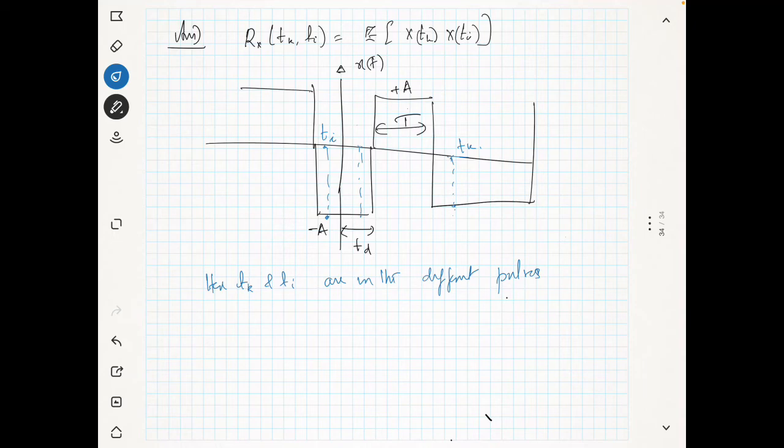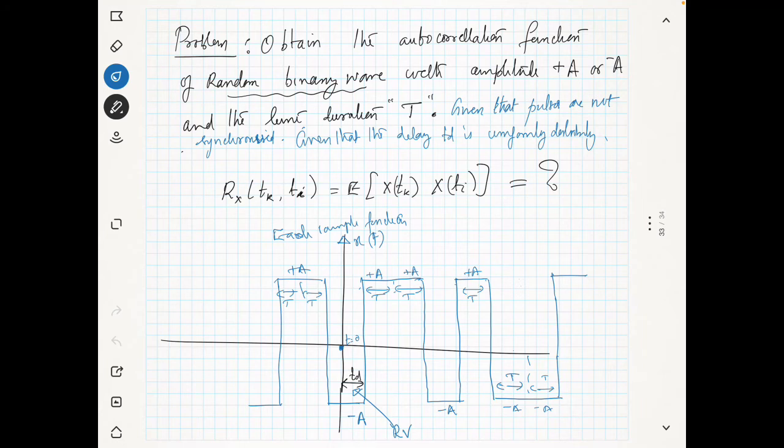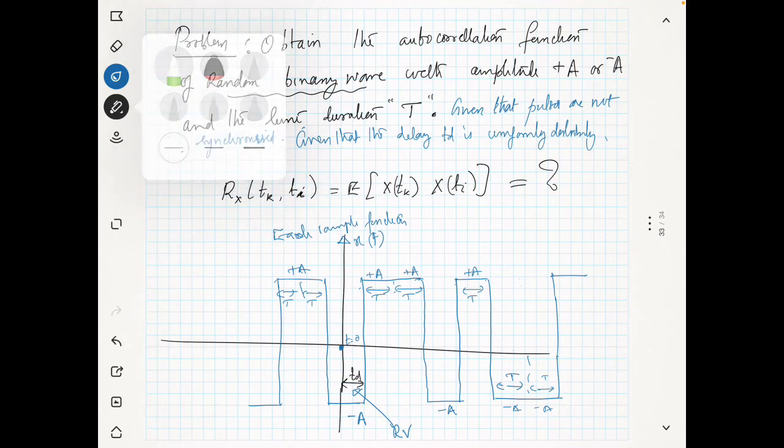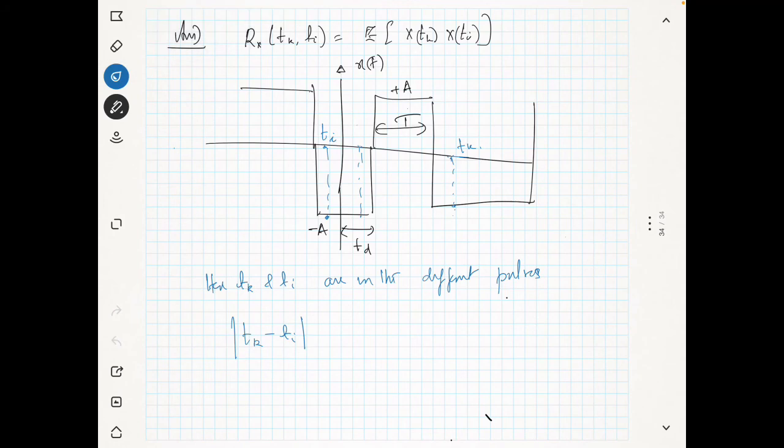That means if you take the magnitude of the difference between tk and ti, similarly you can go backward also, you can consider a tk here also, there is no issue. So the difference between tk and ti is greater than the time duration, and the time duration is given here, it is nothing but the t, the time duration of the pulse.